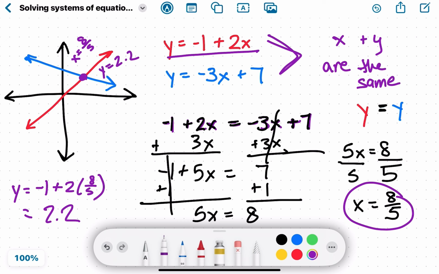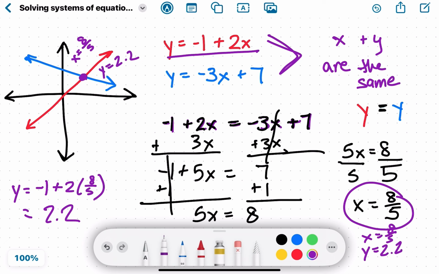So if the problem now is asking you to write the solution to the equation, you could write y equals 2.2 and x equals 8/5. But usually, and it's the best way to do it, because some teachers just like to take off points because they're mean like that and annoying, it's always best to put your final answer in a coordinate pair.